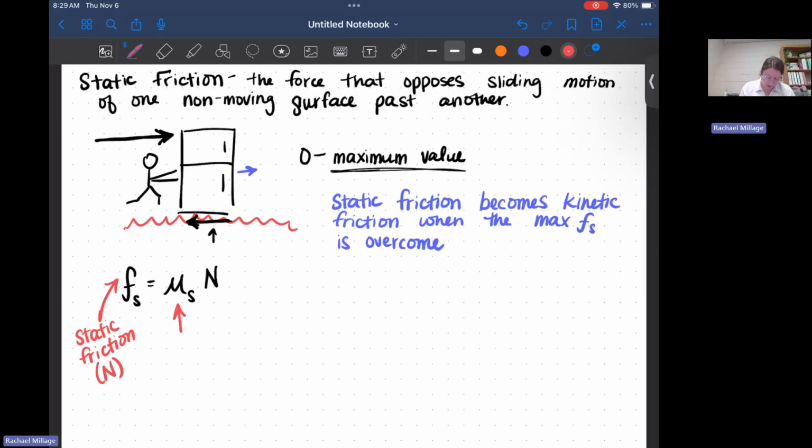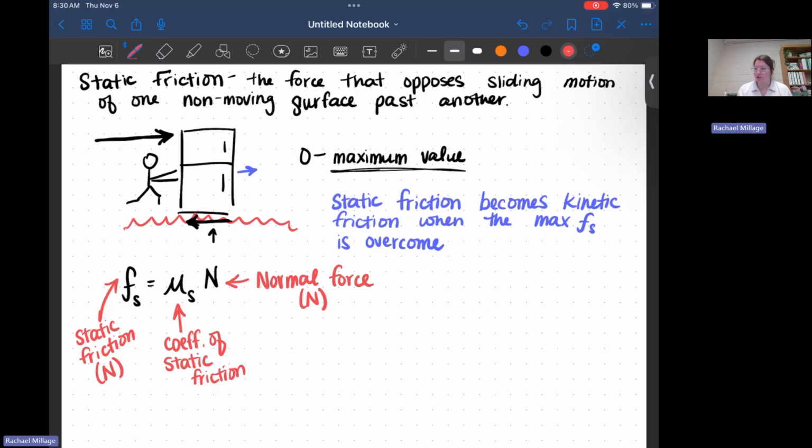We have our coefficient of static friction, and we have our normal force, which is also measured in newtons. So that's our equation for static friction.